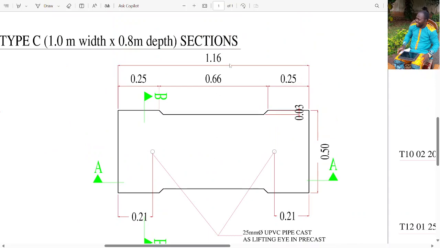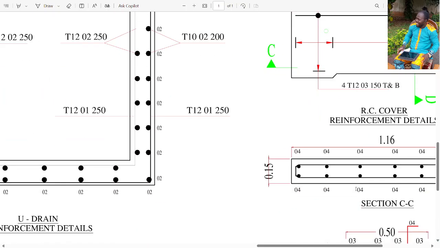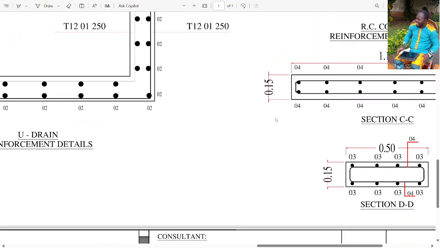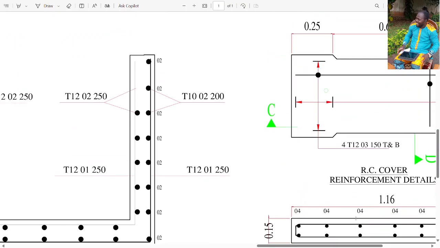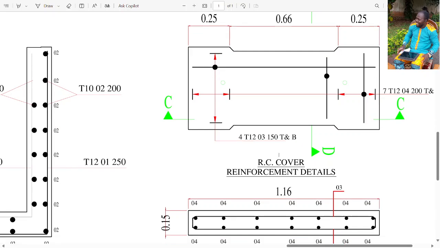Of course, the concrete is 1.16 by 0.5 by the thickness. What's the thickness of this slab? You see it here, Section CC. So the thickness is 150.